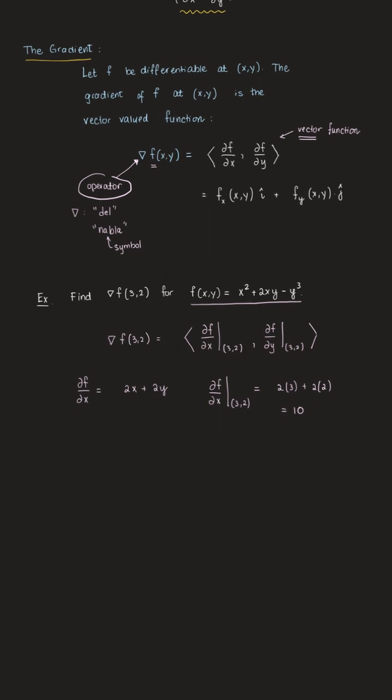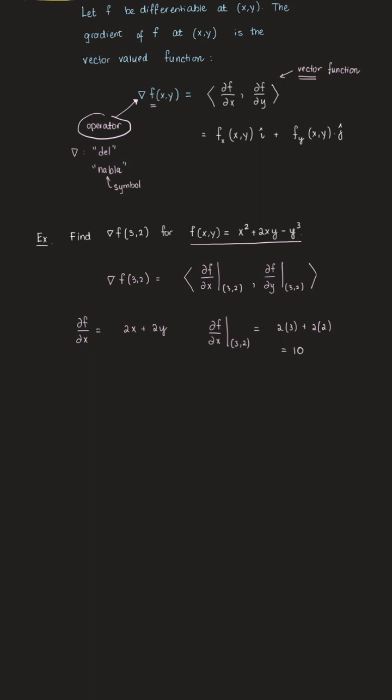Let's then find the partial derivative of f with respect to y and evaluate it at our point. Remember this time we're holding x constant in our function when we take the derivative. So the derivative of x squared will be 0. The derivative of 2xy will just be 2x. And the derivative of negative y cubed will be minus 3y squared. Let's evaluate this partial derivative at the point (3, 2).